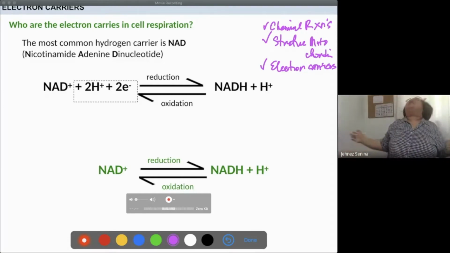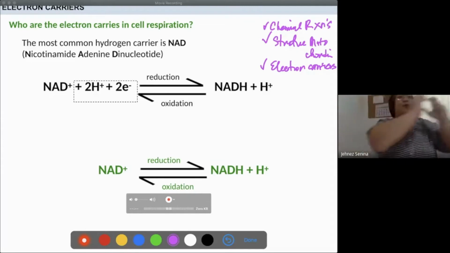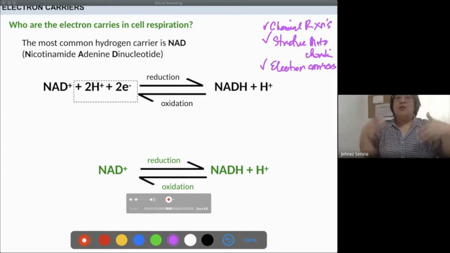What are electron carriers? Nothing fancy. They carry electrons. They can pick them up and give them away. They accept the electron at one stage, and at the end of the stage they give it away, so they're free to go back and carry electrons again.